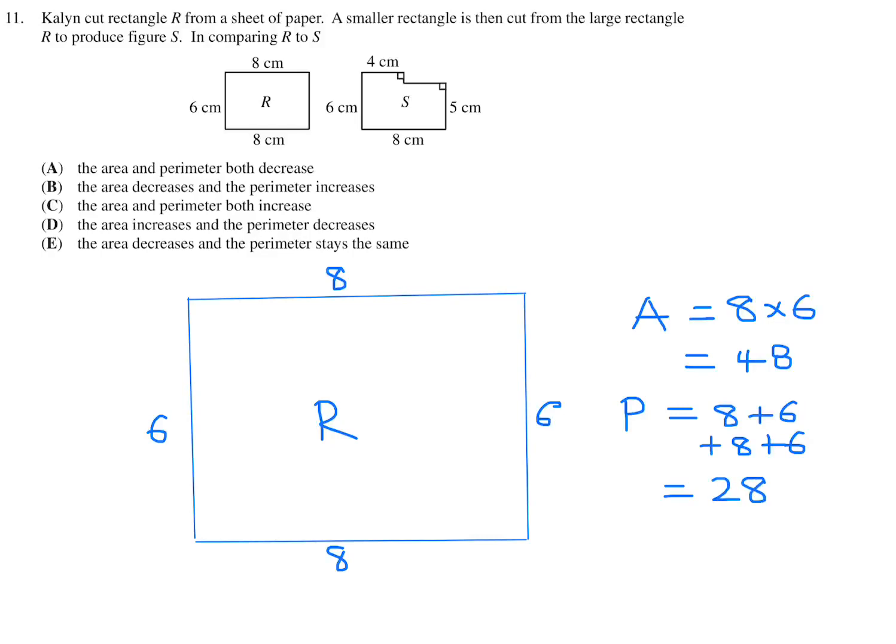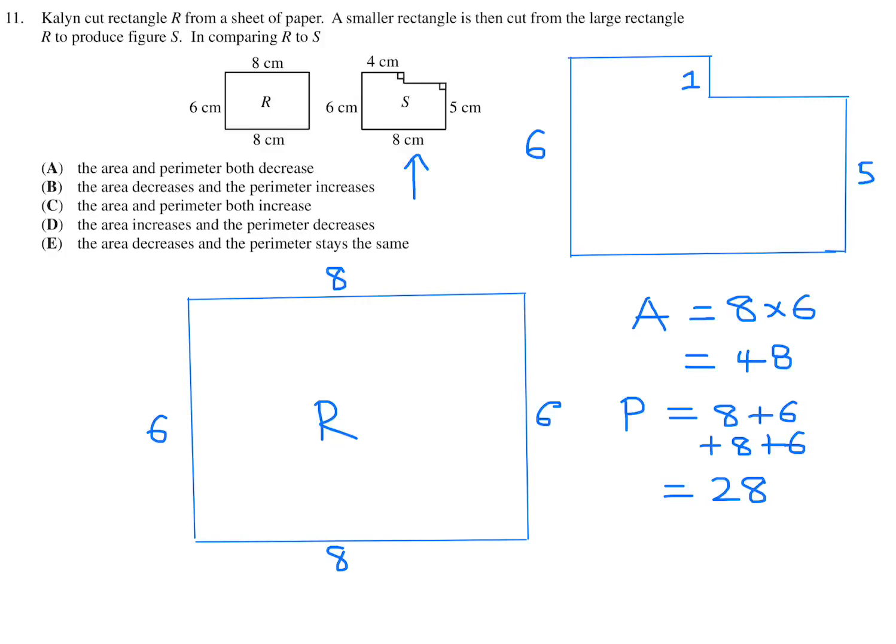All right? So that is the first of our two shapes. The next shape is over here. What they've done here is they've cut a small piece out in that corner. And I will try to replicate what they've done. And that small piece is something that we can figure out because we know that if this is 6 and this is 5, which is what they've given us, then this has to be 1.